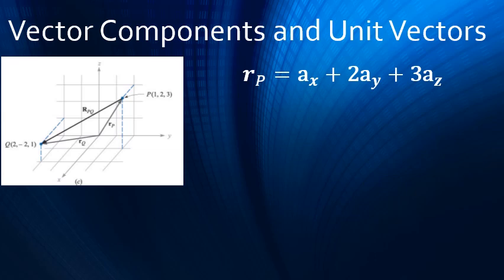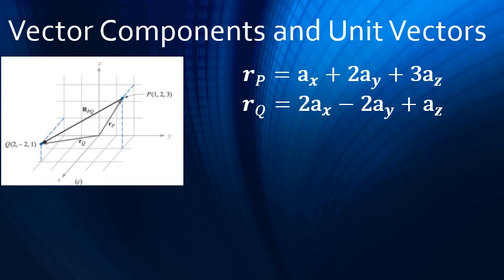Then nagsimula siya sa origin, automatic, kukopyahin na lang din natin yung XYZ coordinates ni Q. So we have vector RQ equals 2ax minus 2ay plus az. Again, saan galing si 2, negative 2, and yung 1? Galing siya dun sa coordinates ni Q.